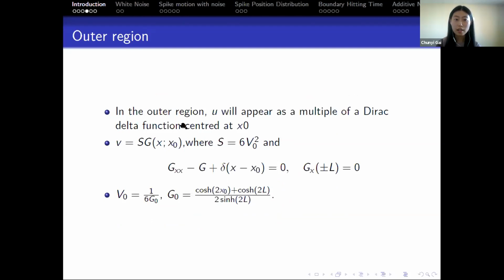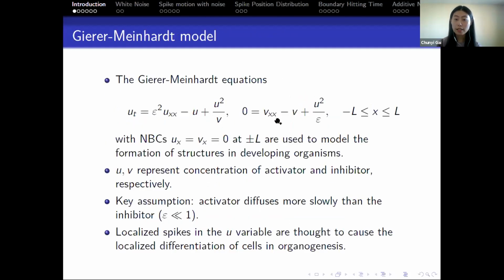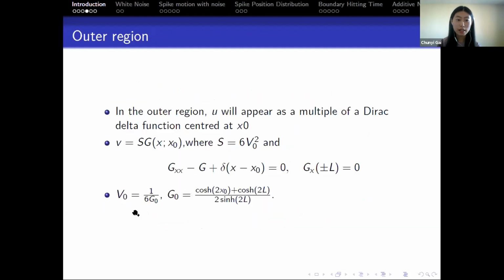Solving this equation, we finally get V0 is 1 over 6 times G0. Here G is a Green's function that satisfies this equation. Finally, solving that equation, G0 is given here.